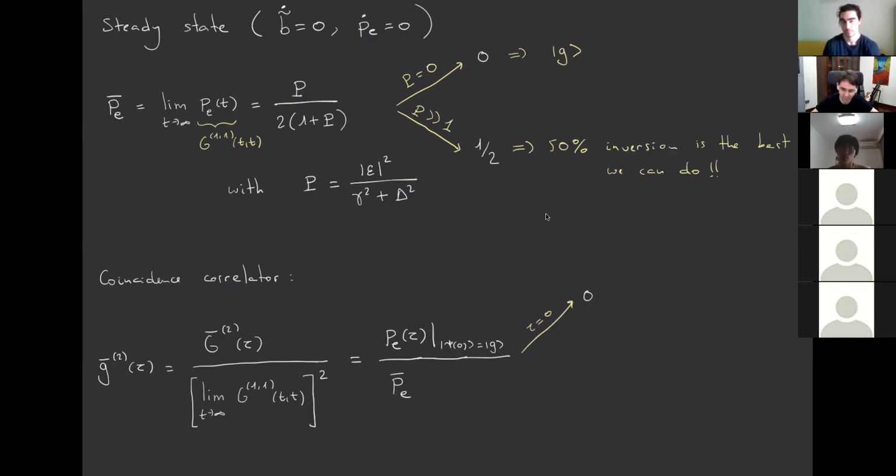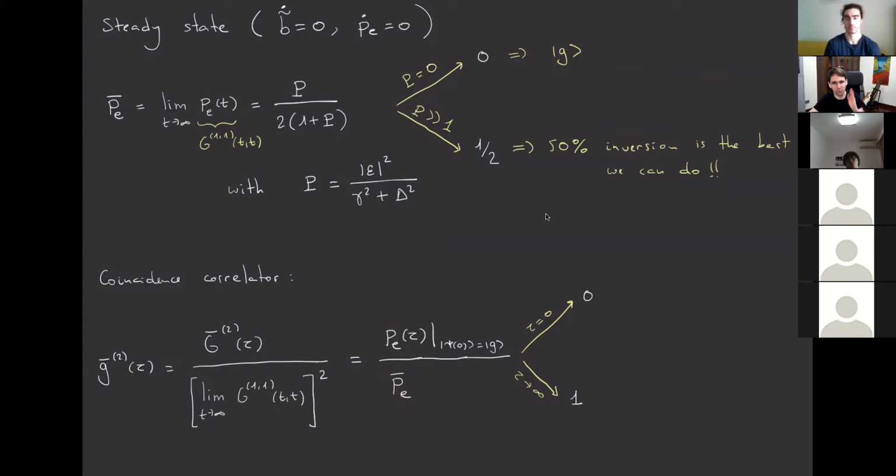And when tau goes to infinity, what is the probability of being excited? Well, that's the probability of being excited when you are in the steady state. And you are dividing by that. So then the normalized correlation function is equal to 1.